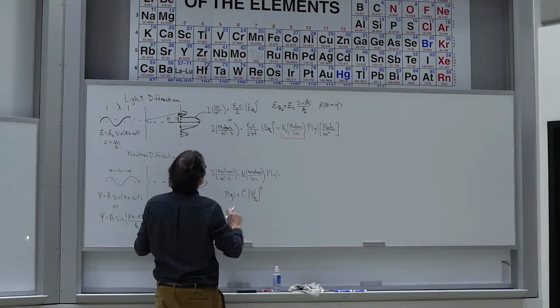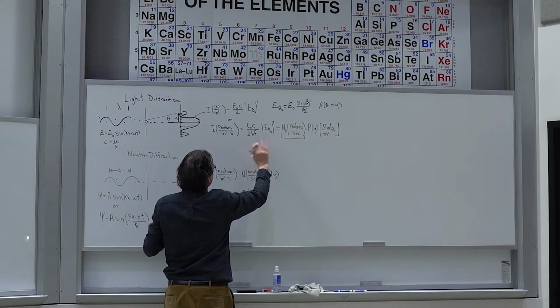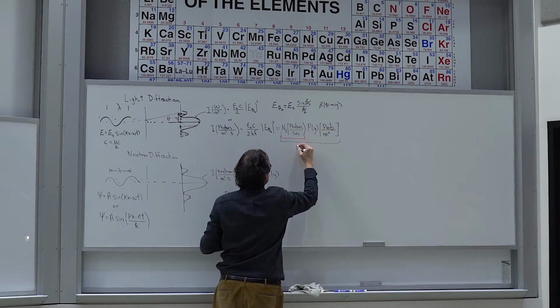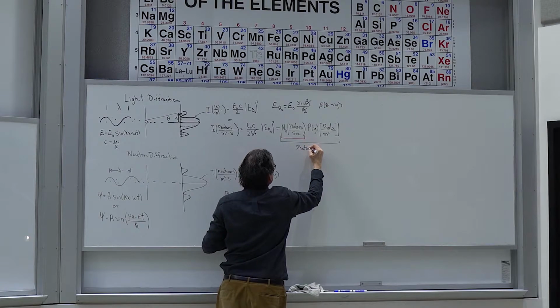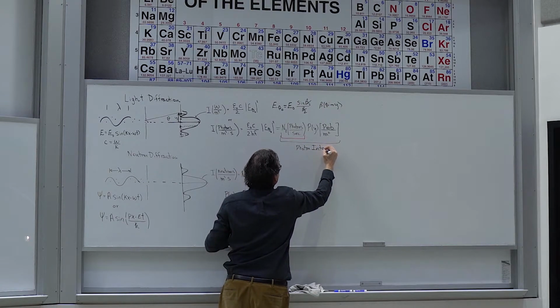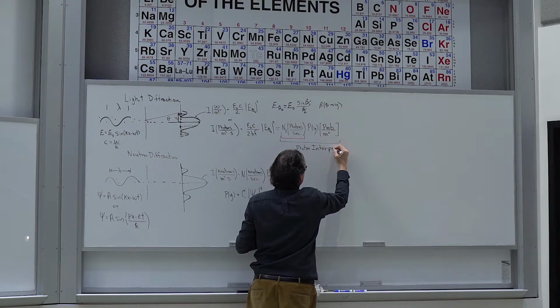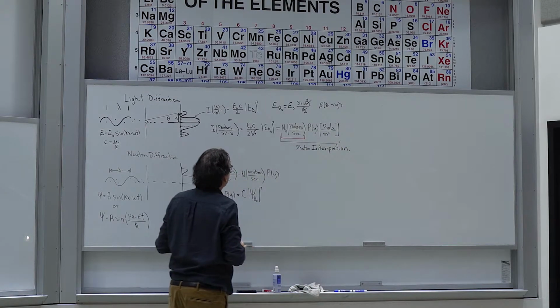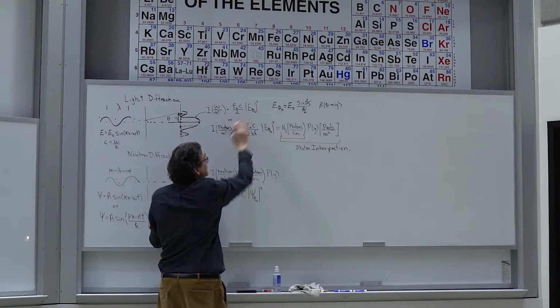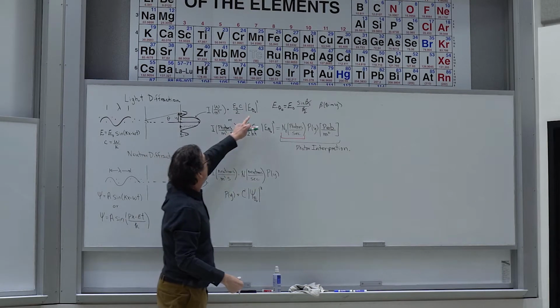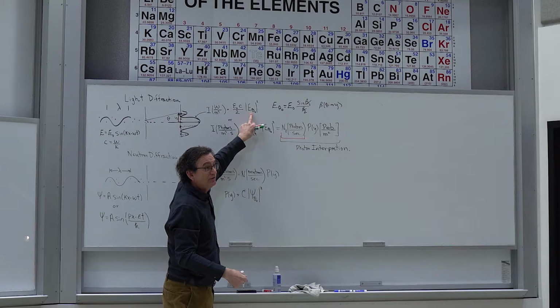This is what I call the photon interpretation of what's going on. On this side is the wave interpretation: I've derived the intensity on the screen based on the amplitude of the wave.